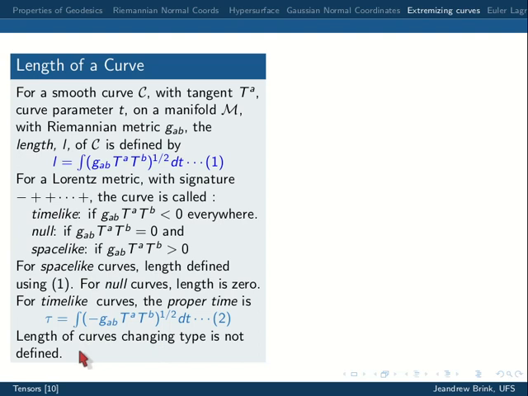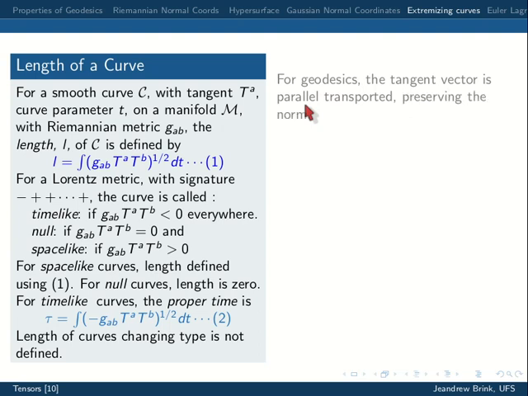The one thing you do have is that if you have geodesics, you can actually prove that where the tangent vector is parallel transported, whether it's null or time-like or space-like, it preserves the norm. So if you have a vector that is time-like at the starting point and you move along a geodesic, then it remains time-like.